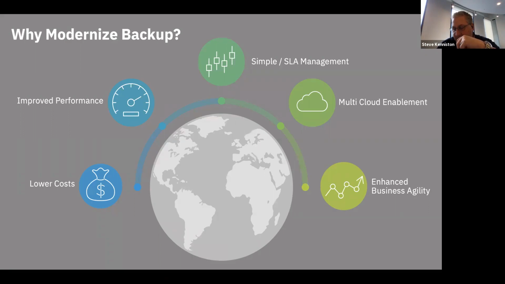Because you now have the ability to take snapshots of data with these more modern technologies, your capture of the data is near instantaneous, as is your recovery. We move on to simple SLA management, or simple data management overall. With today's building in design thinking into a lot of the principles and practices of UIs and customer experiences, we're finding these things becoming much easier to manage.